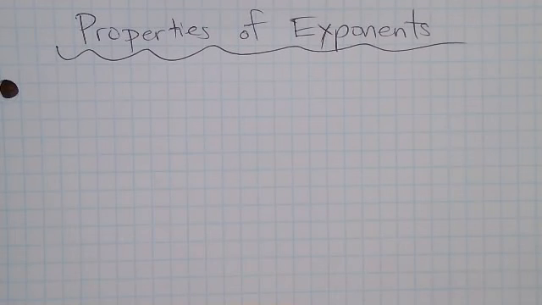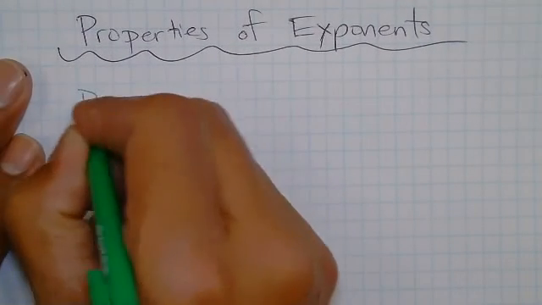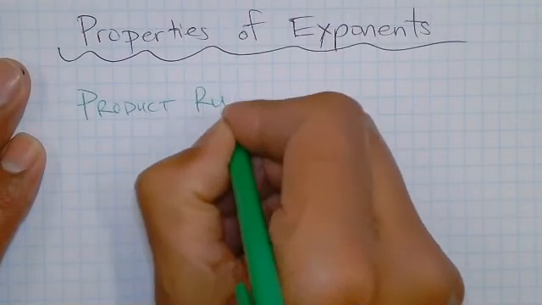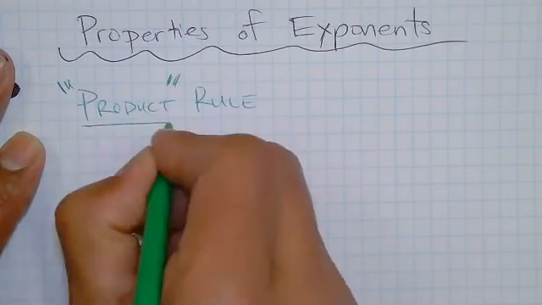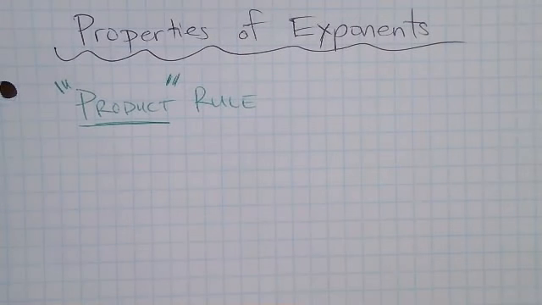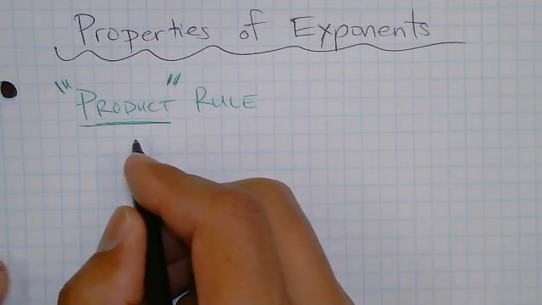Properties of exponents. Pause it, copy it, and then continue. Okay, so we're looking at the product rule for exponents. The product rule for exponents, we already learned. What does product mean? Multiplication, right?